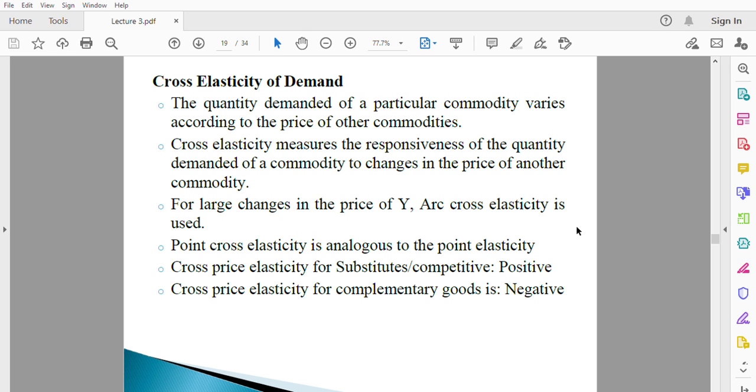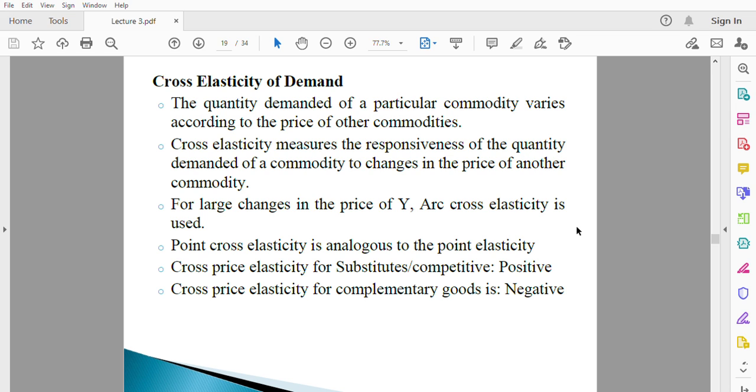The quantity demanded of a particular commodity varies according to the price of other commodities. No commodity is in isolation in this world. A commodity might have substitutes, that means other commodities that can be used in place of it. For instance, Milo. Milo is not a unique commodity.